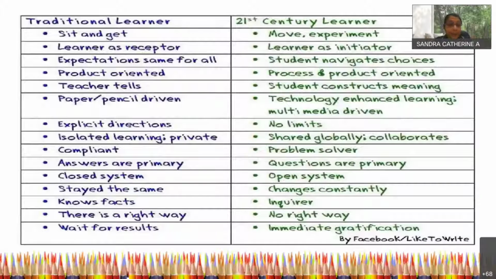They are the initiator of the teaching and learning or of the knowledge. So they are more product or process orientated. So they can share the knowledge. The knowledge can be shared globally. There is no limit. We have so many online media that can be used as well. Next.